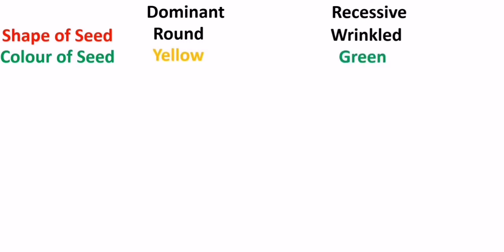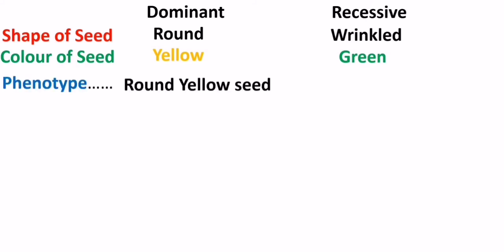So here we have considered two characters, shape of seed and color of seed. Regarding shape of seed, the dominant one is round, recessive is wrinkled shape. Regarding color of seed, dominant is yellow, recessive is green color seed.